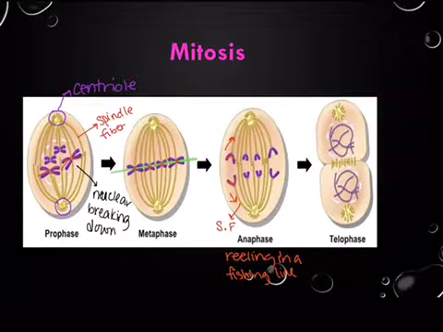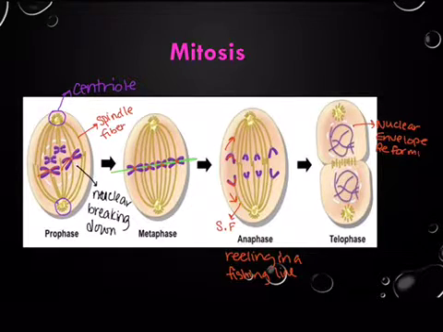Then telophase, notice how we start to have that nuclear envelope, and now it's dashed again, but instead of breaking down, it's reforming. And our spindle fibers are shortened.